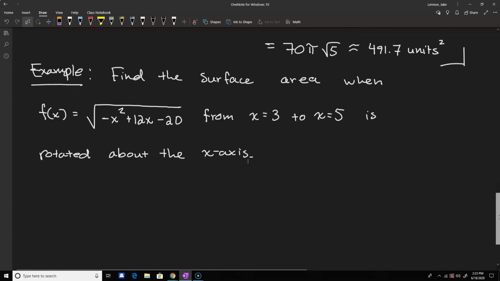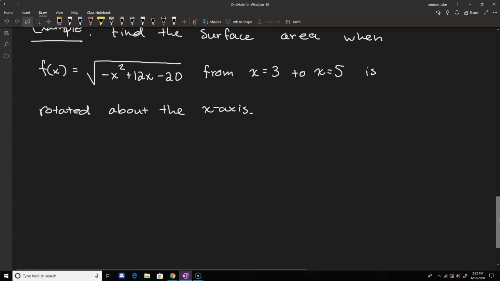So again, this derivative can be found using the chain rule. So if we do f prime of x, what is that going to be? Well, basically, we're going to have a 1/2. We're going to multiply by the derivative of the inside, which is going to be minus 2x plus 12.